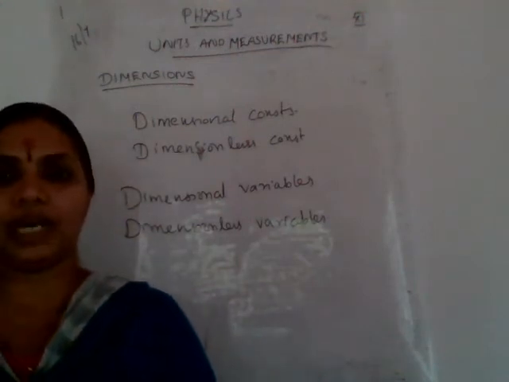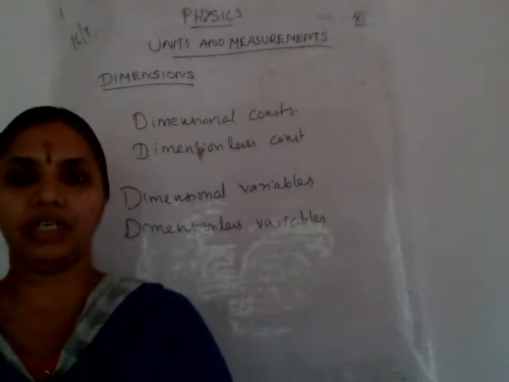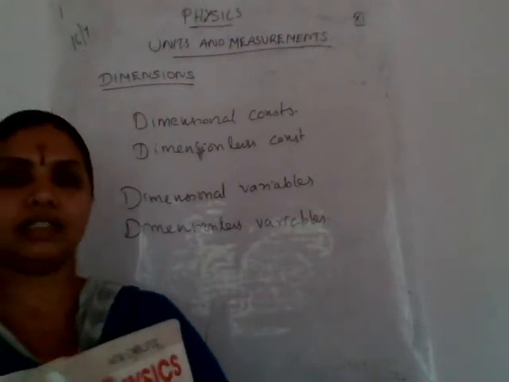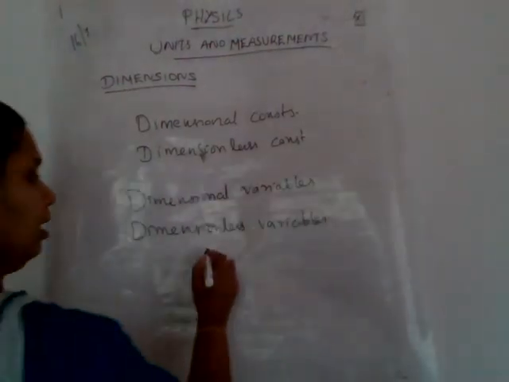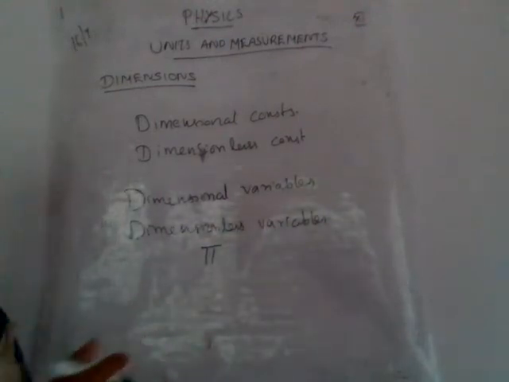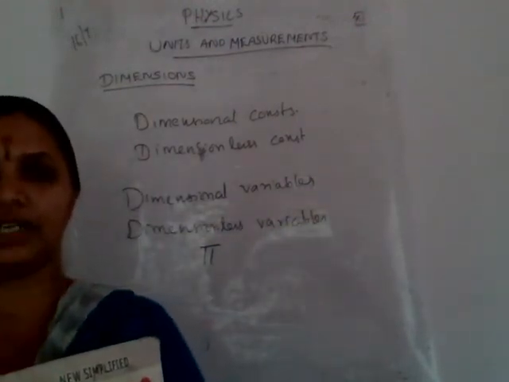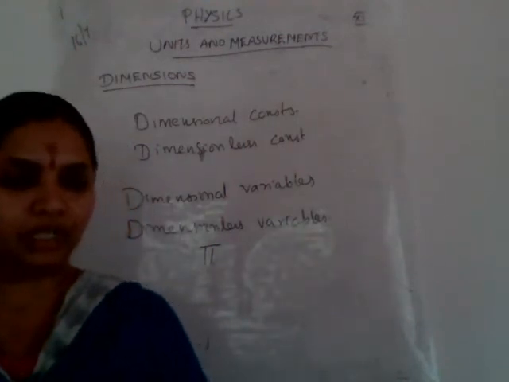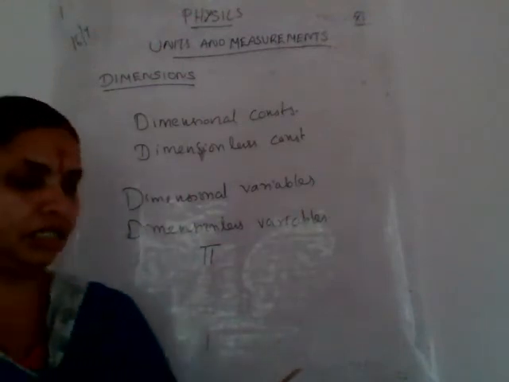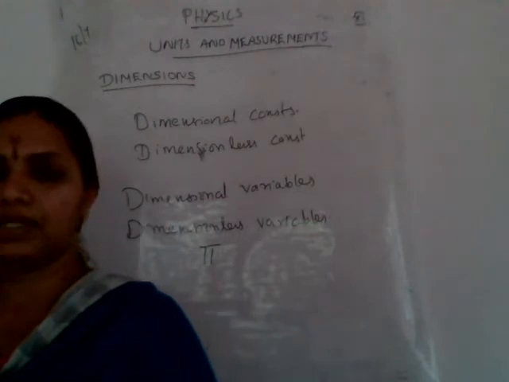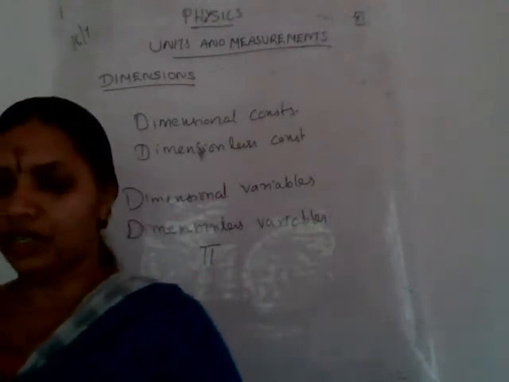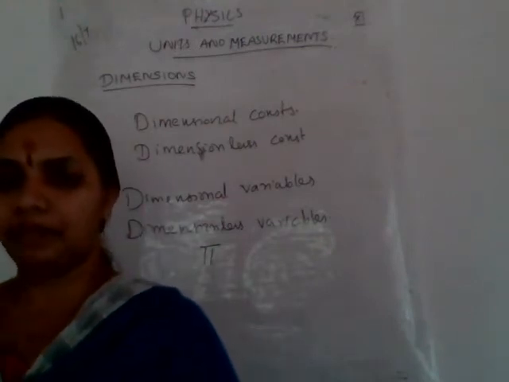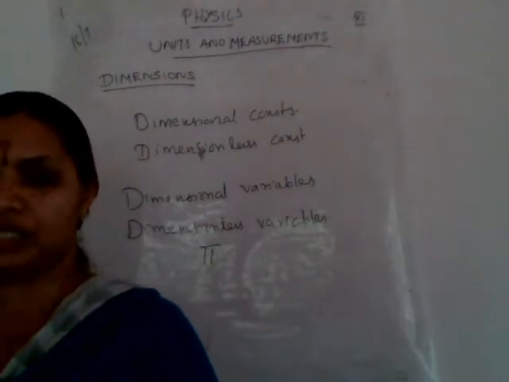Then dimensionless constant, quantities having no dimension. Refractive index, pi. Isn't it? What is the value? It is 3.14. Is it have any unit? No. So it is a dimensionless constant. Then dimensional variables, physical quantities which possess dimension and have variable values.